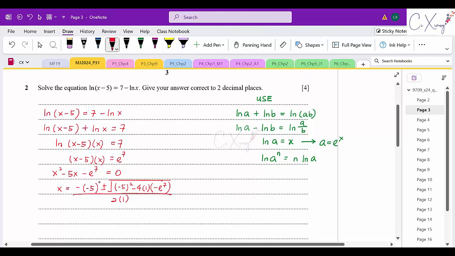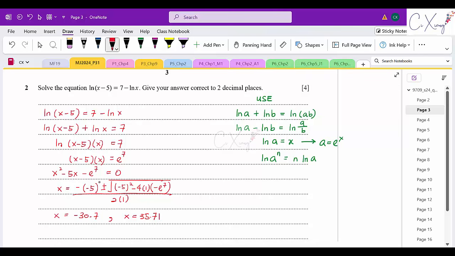When you press the calculator, you get two values. The first one is negative 30.7, and the other is x equals 35.71. Then you have two answers here.